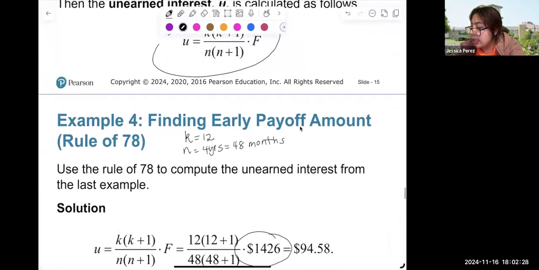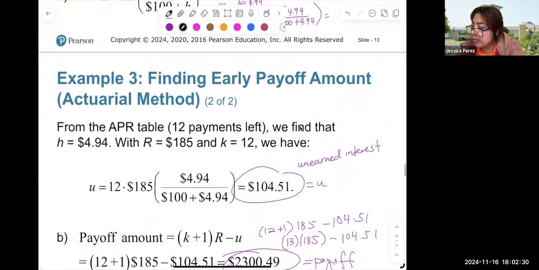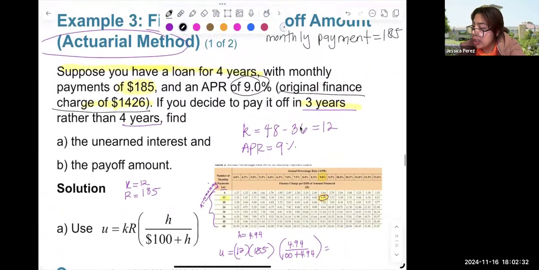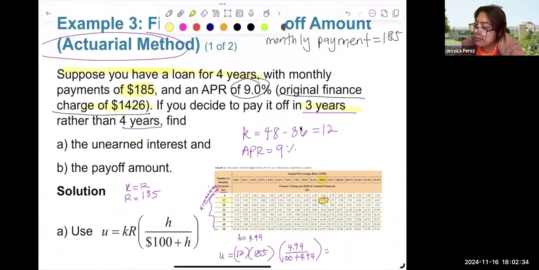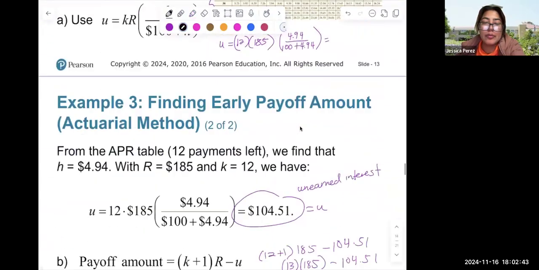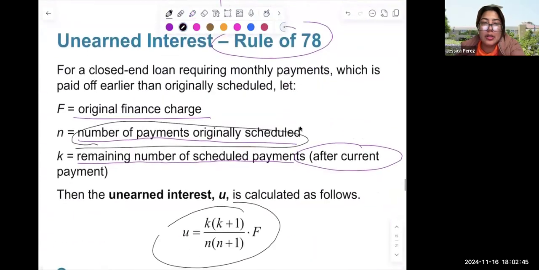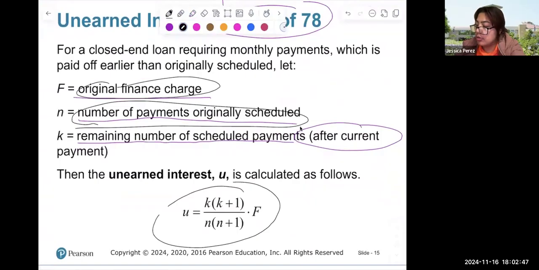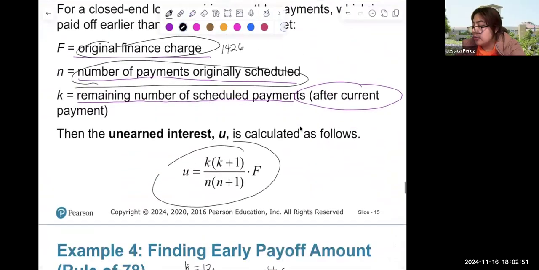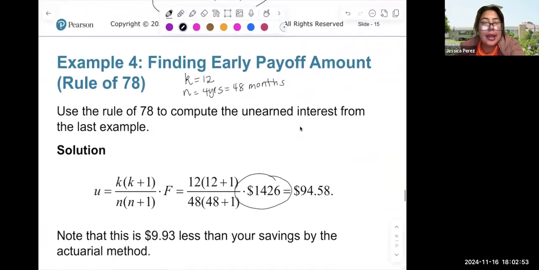How did we get 1426? Let's look at the original, because that was the original finance charge. So that is going to be my F. F is the original finance charge, which was 1426. So if we write this down, we have K to be 12 and N to be 48 months.